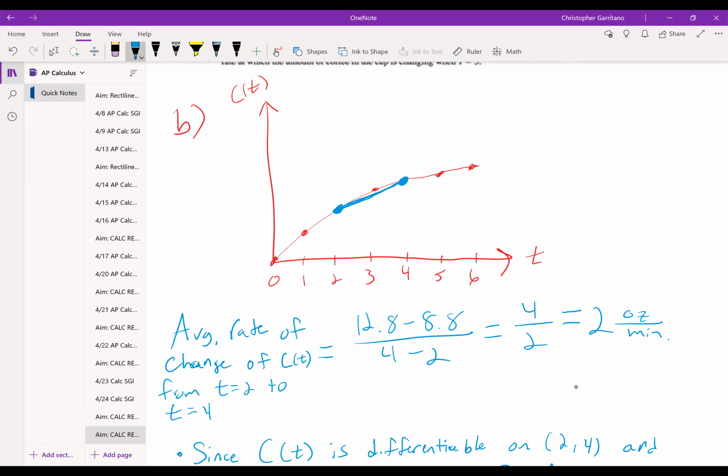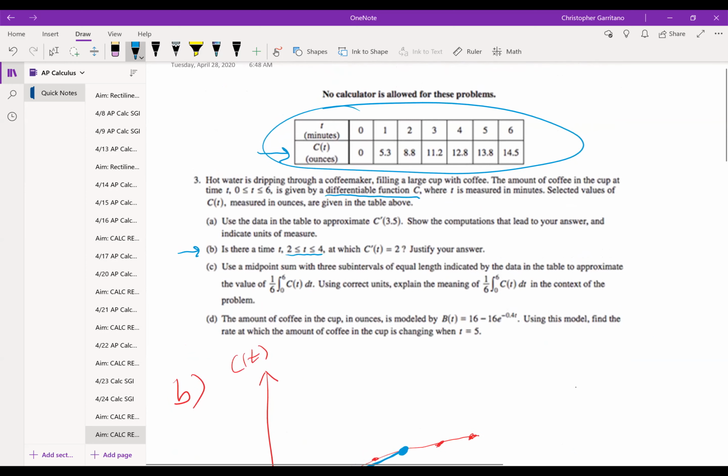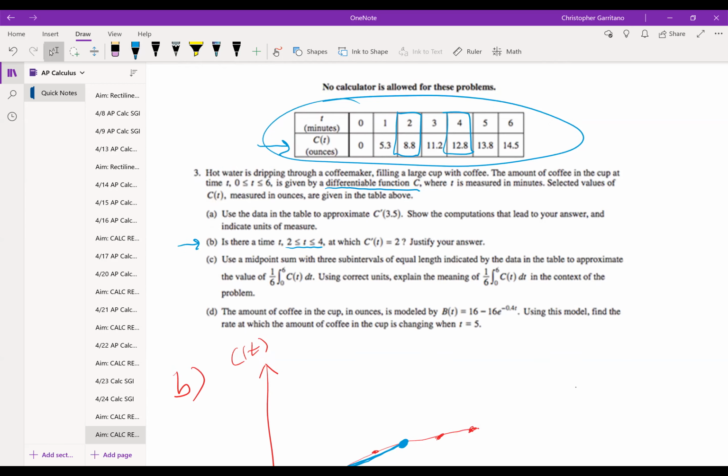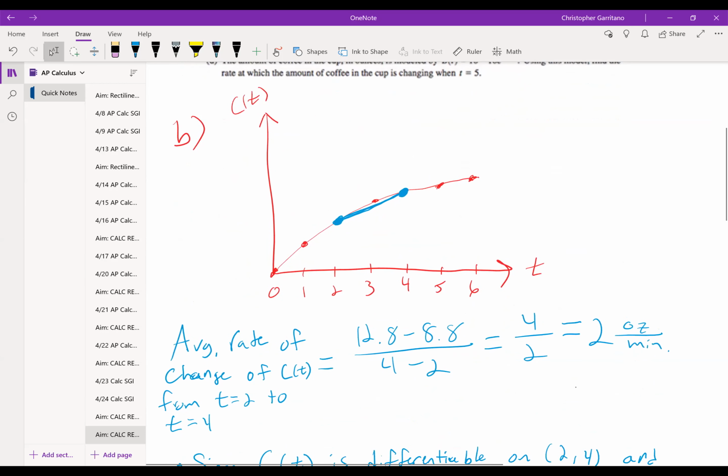So anyway, taking the 2 endpoints, we have the points (2, 8.8) and (4, 12.8). We're just simply going to use those 2 points and find the slope. We end up getting 2 ounces per minute. That's the slope of this little blue line right here.